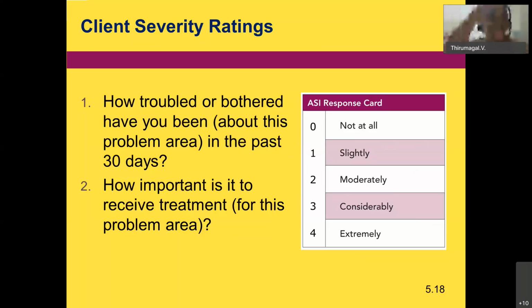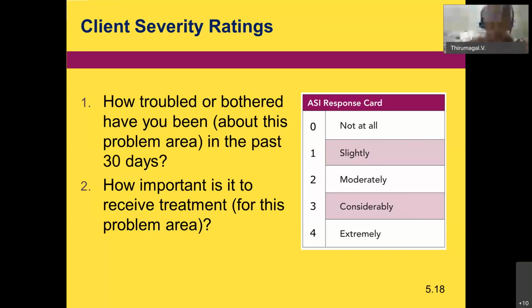Okay. See, for this breathing problem, the client might say, yes, the doctor gave me tablets, he gave me an inhaler, etc. But he told me I should learn some exercises to strengthen my breathing, to improve my lung capacity. He asked me to see a trainer for this. And I don't know where to find one. That means he is looking for additional help than what he is receiving now.